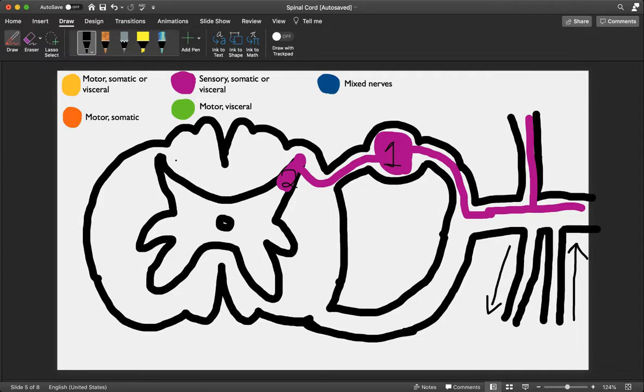When it gets processed, we know that sensory information has to then turn into motor information, right? We have to act on that sense. So motor in the brain is classified as upper motor. And in the spinal cord, when it comes back down, it's classified as lower.